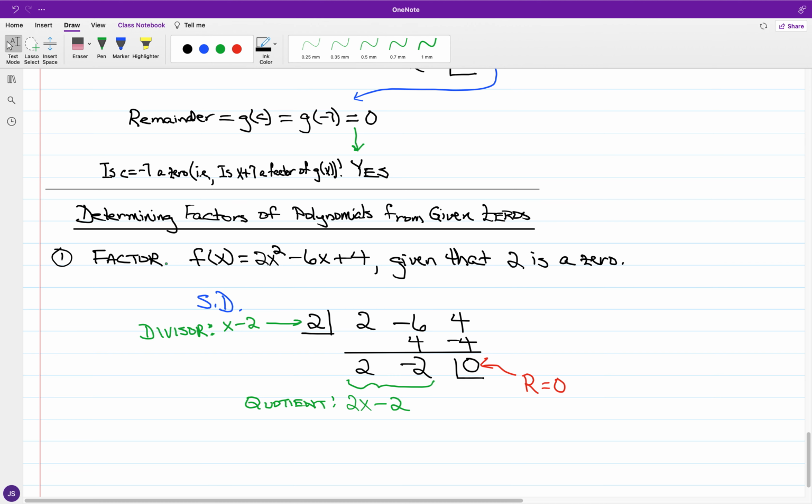And just for the factorization, what I have here is f of x is equal to 2x squared minus 6x plus 4. For the initial setup, you're looking at the product of the quotient and the divisor.